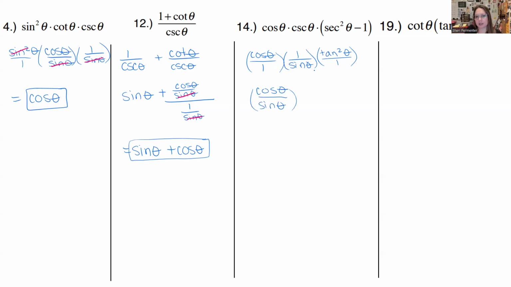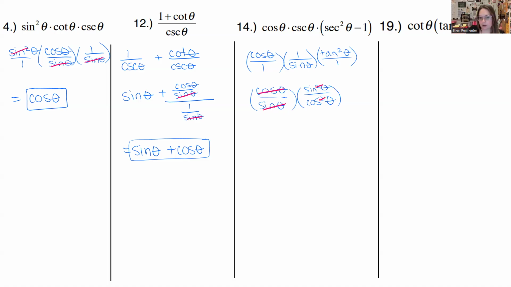And then tangent is sine squared over cosine squared. So I've got some things that match up, but only one of them. So this can cancel one of these. This can cancel one of these. So one of these. One of these. And so I'm left with sine over cosine.